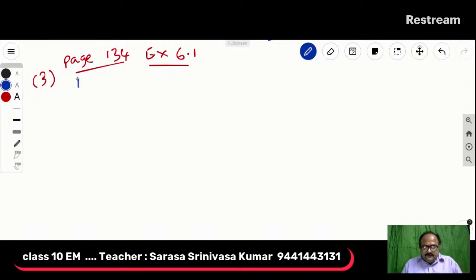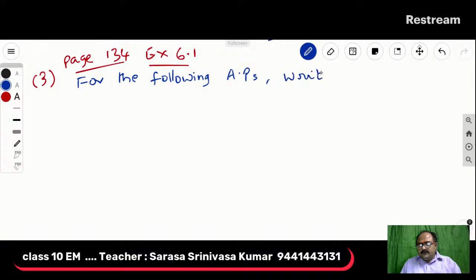For the following arithmetic progressions, write the first term and the common difference.